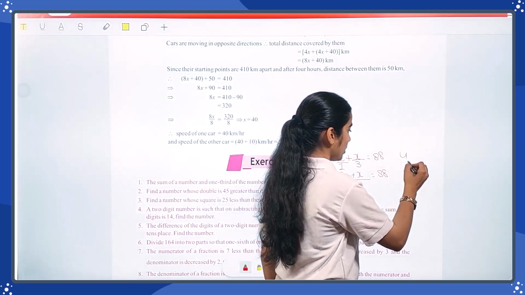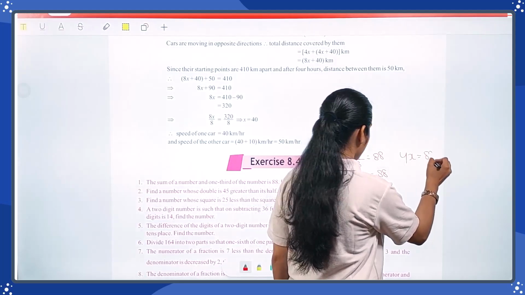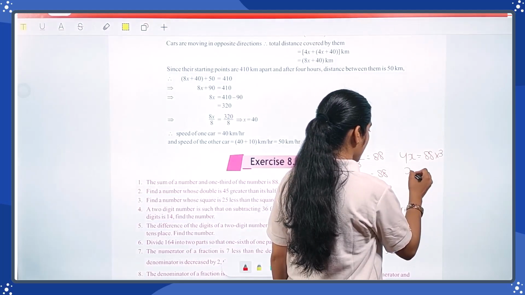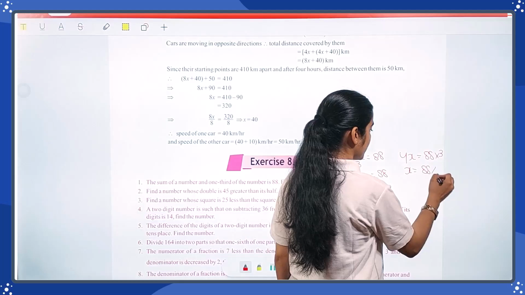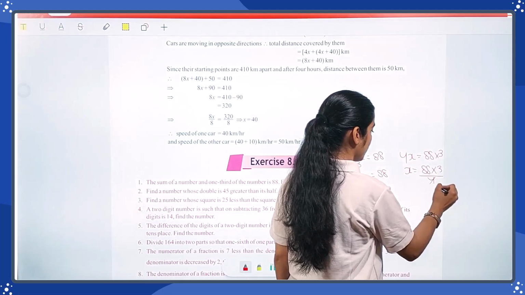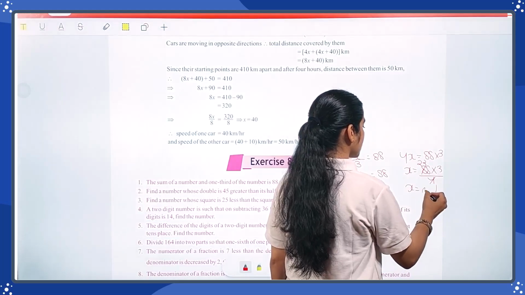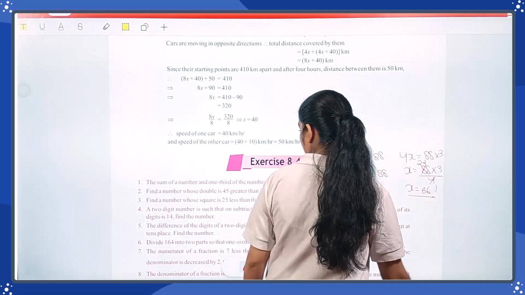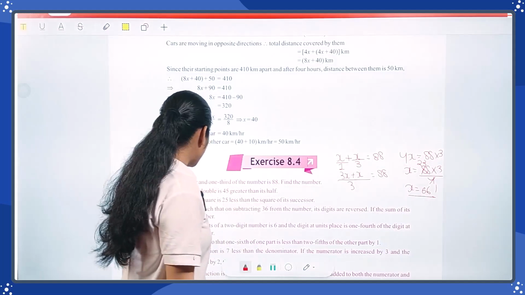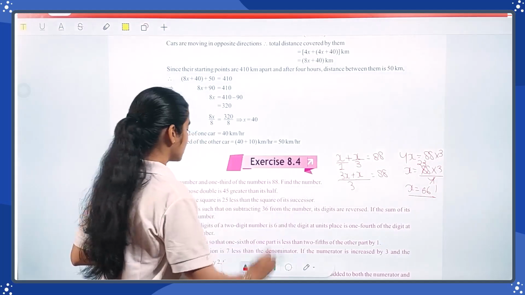Now 4x is equal to 88 multiplied by 3. x is equal to 88 multiplied by 3 upon 4, x is equal to 66. Okay, so the number is 66.